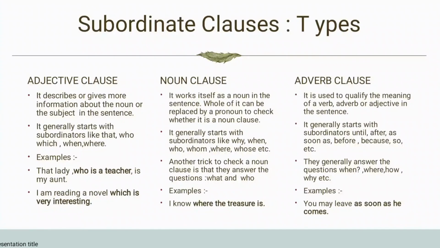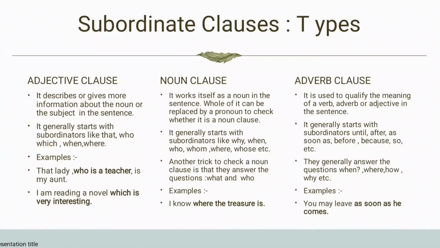Now let's come to the noun clause. A noun clause is a clause which itself is a noun. It works as a noun in the sentence, and the whole of it can be replaced by a pronoun. As you know, the trick to find out whether it's a noun clause or not is to replace the whole clause with a pronoun, because a noun can always be replaced by a pronoun.